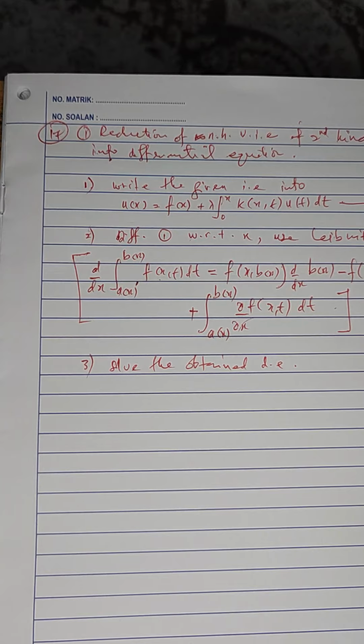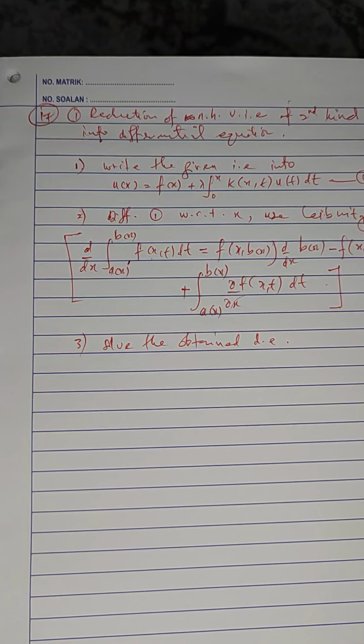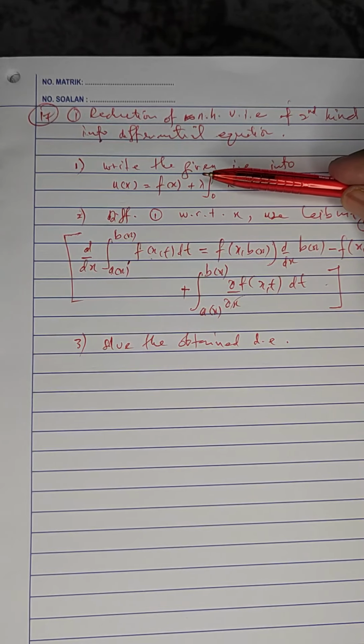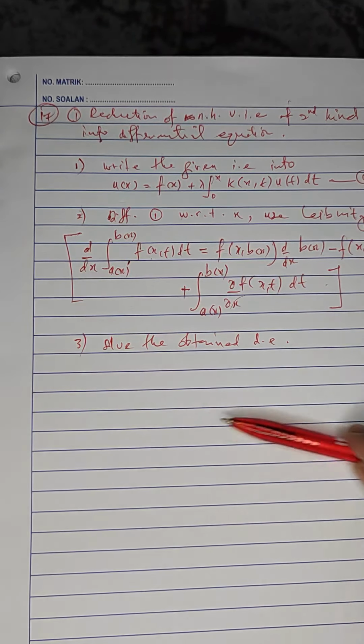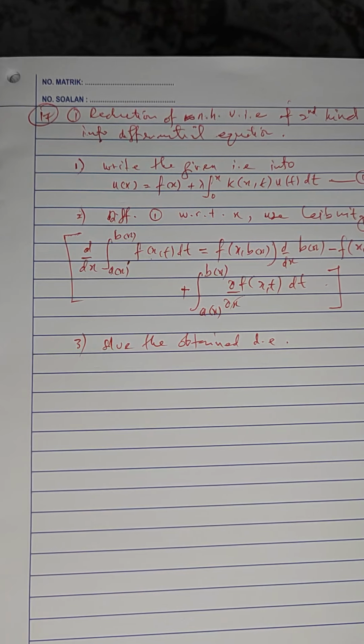So this is the way we reduce the non-homogeneous Volterra integral equation of the second kind into the differential equation. I don't have any example for this because the process from 1 to 2 is not difficult. But at number 3, this involves the integral equation, so I don't want to touch that much in this lecture.